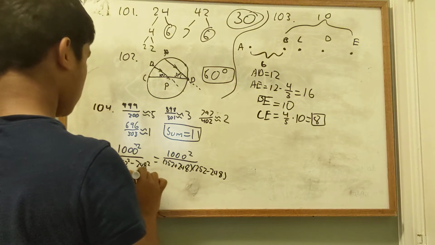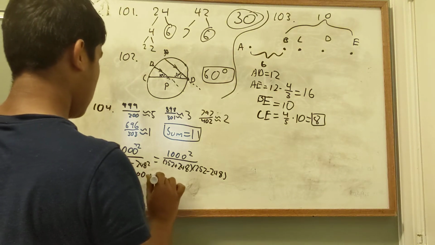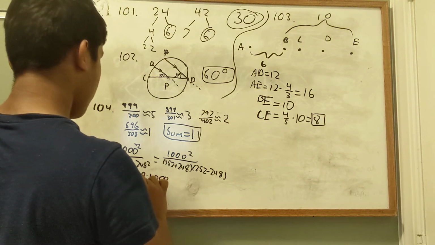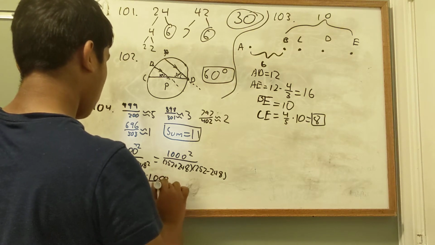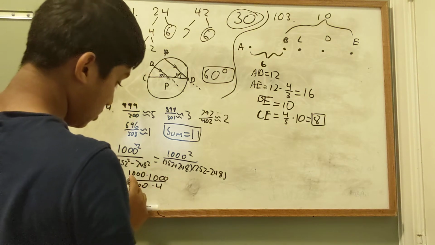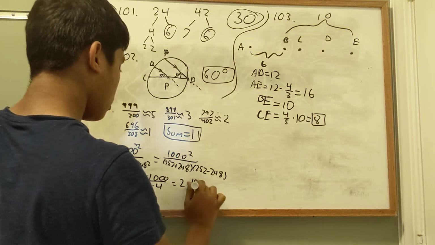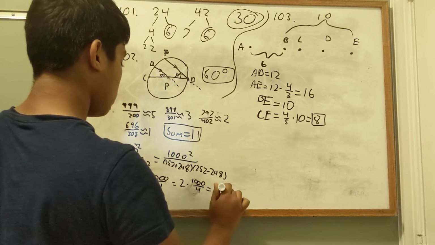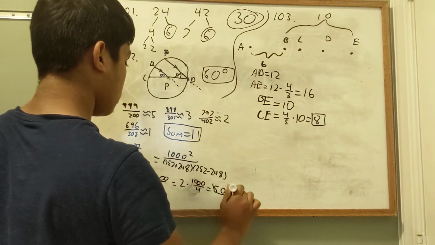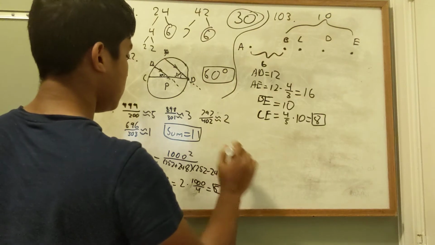This is just 1,000 times 1,000 divided by 500 times 4. This over here is 2. So we get 2 times 1,000 over 4, which is just 500. And that's your answer. Mental math is key in MATHCOUNTS.